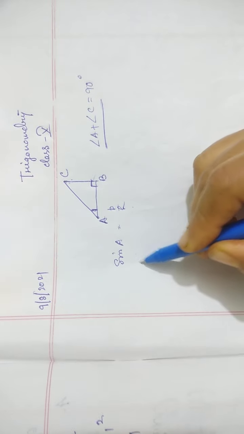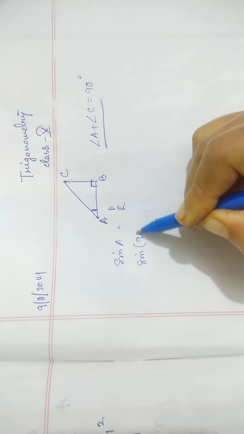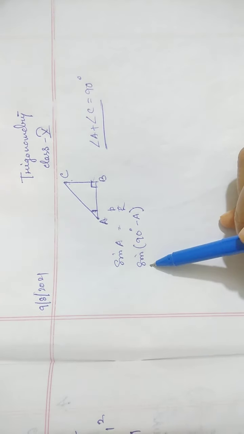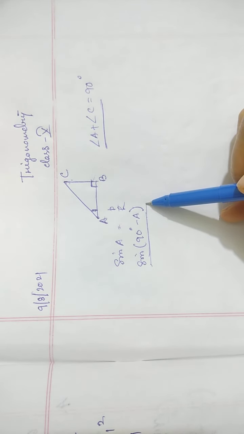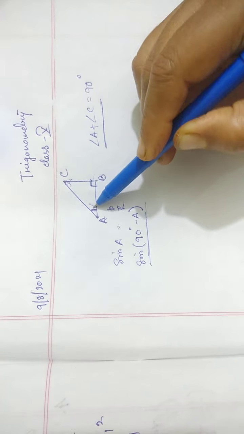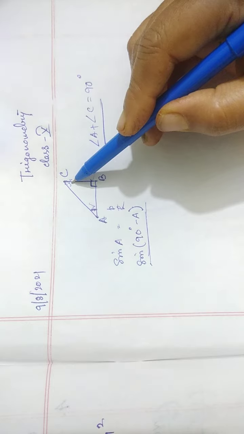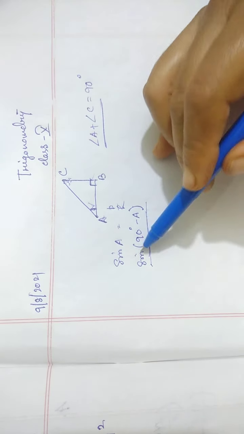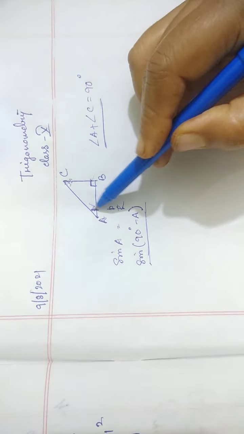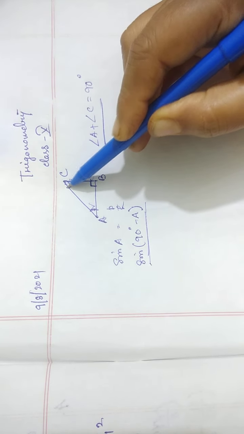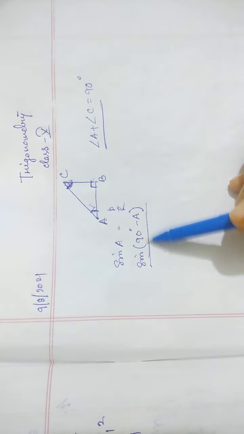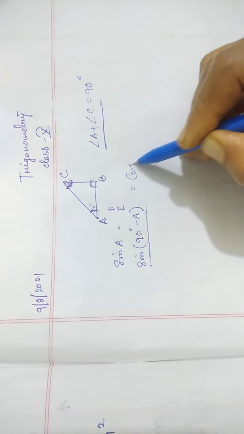Now, if you have to find sine of 90 degrees minus A, that means 90 degrees minus A, which is this angle C. So this is equal to cos A.